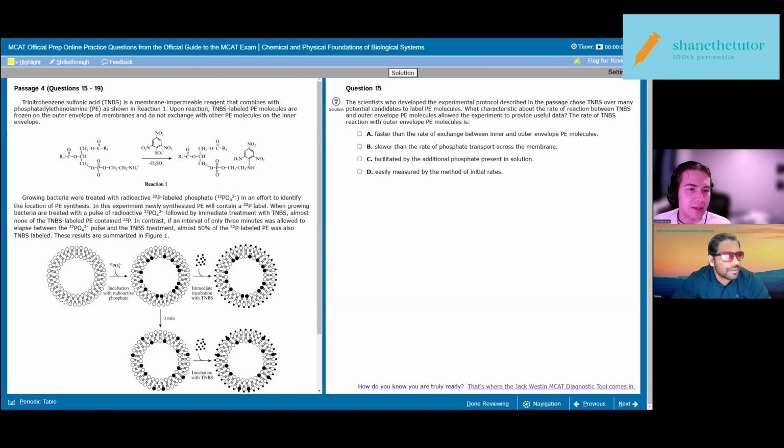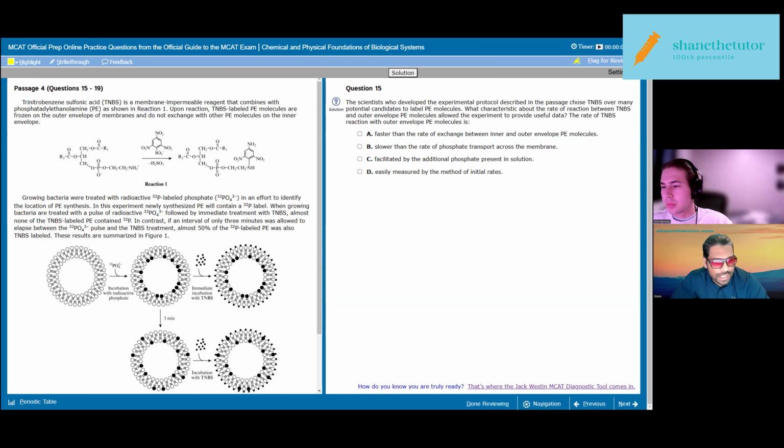I see a carbonyl. It's an ester. It's an amine, apparently. Well, there's the NH3 plus. Okay, so that's the amine group.